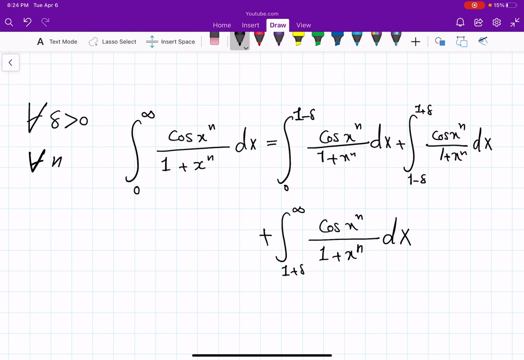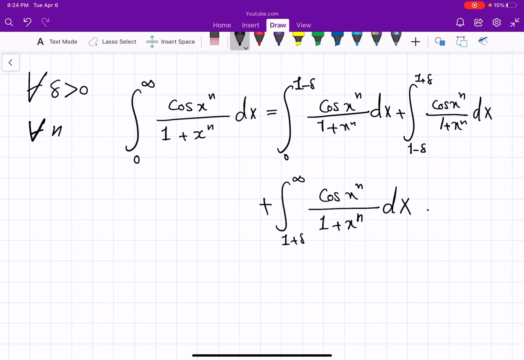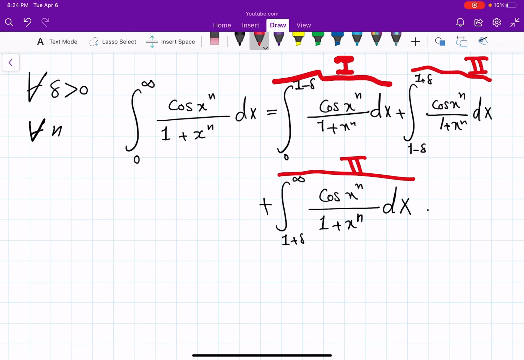And notice that except for the last integral, everything is just some bounded compact domain. So this is all okay and justified. So what happens then is that if I call this integral I, this integral 2, and then there is the third integral here. So I have shown several things. The limit as n goes to infinity of I we showed equals 1 minus delta.